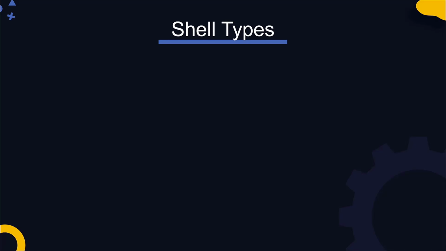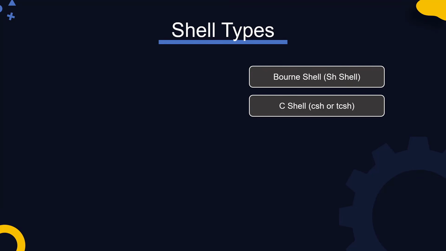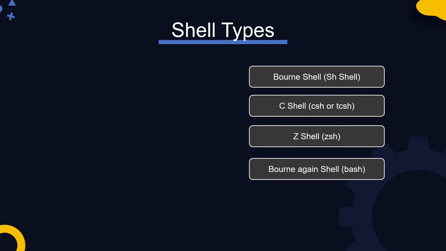And that's because there are different kinds of shells, such as the Bourne shell, the C shell, Z shell, Bourne Again shell, which is known as Bash, and each of these shells behave differently. The older shell, which is the Bourne shell, or simply known as shell, had limitations in the way we interact with it. The newer Bash shell supports many advanced features such as arithmetic operations, conditionals, arrays, etc.